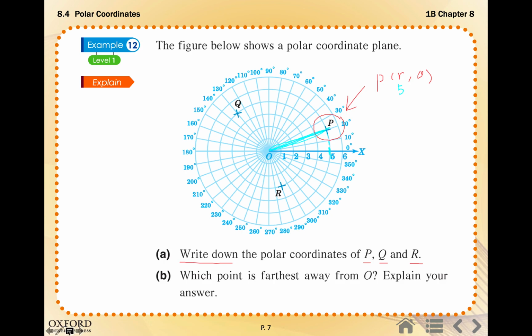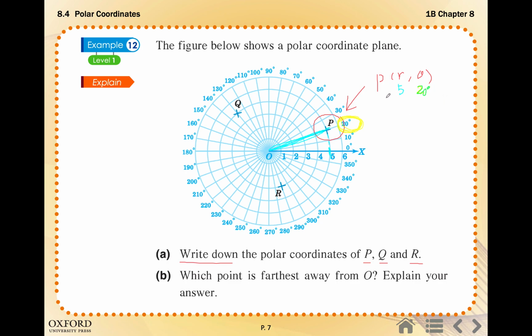Next, let's look at the polar angle. For the polar angle, you can read from here 20 degrees. That's why the polar angle theta is equal to 20 degrees.